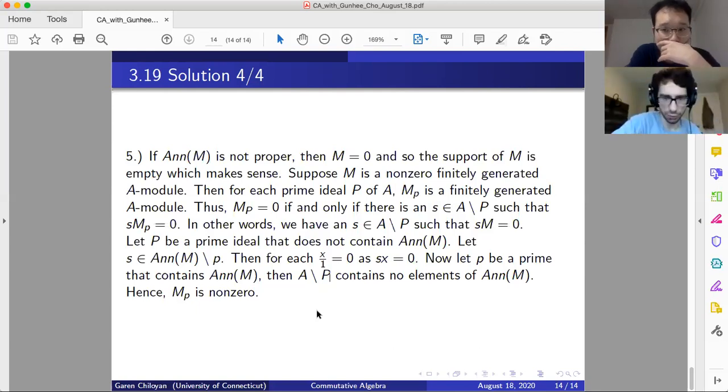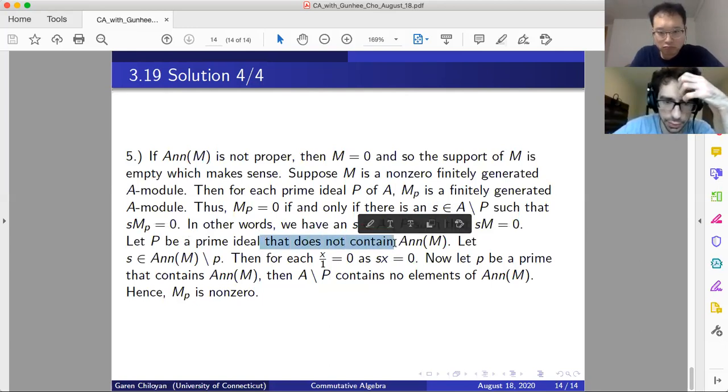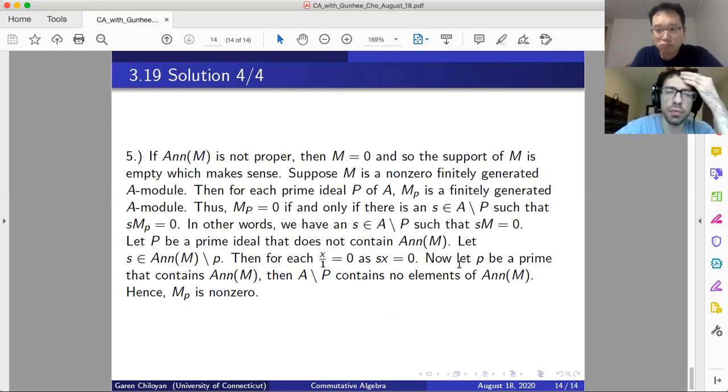So let's review. If P does not contain the annihilator, then M sub P is 0 because each of these terms are 0. If P is a prime that does contain the annihilator, then M sub P is non-zero.